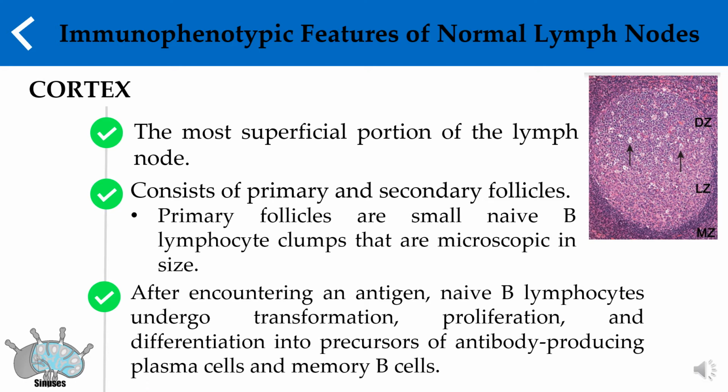B lymphocytes in the germinal center have a distinct immunophenotype. In addition to pan-B cell markers, they display the germinal center cell antigens CD10 and BCL6, and they lack the anti-apoptotic BCL2 protein, unlike circulating B cells.